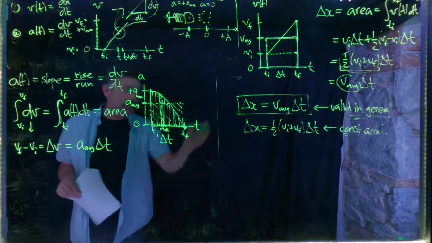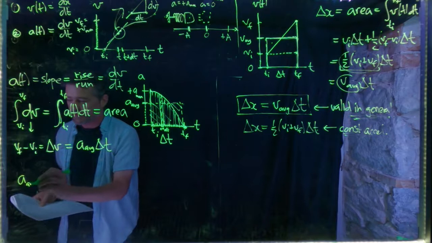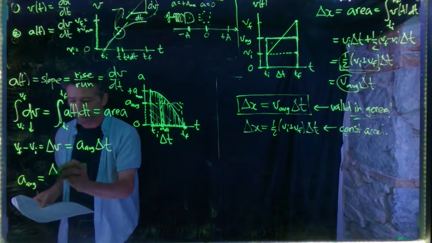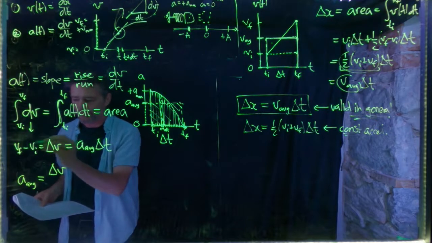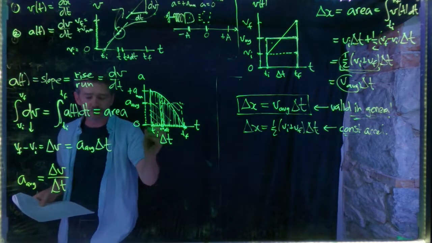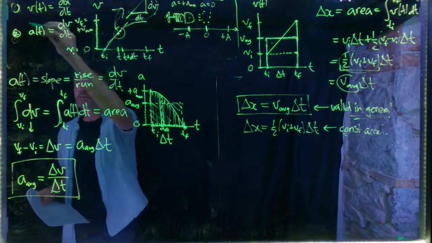So very similarly to here, we can now write down another way to write this: the average acceleration is equal to the finite change in velocity, v final minus v initial, divided by the finite time interval, t final minus t initial. Again, I want you to compare this.